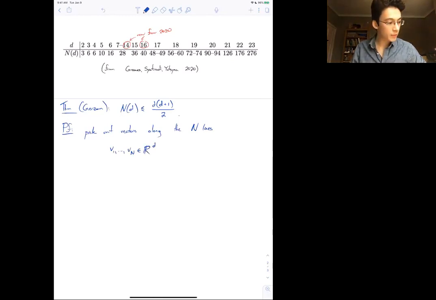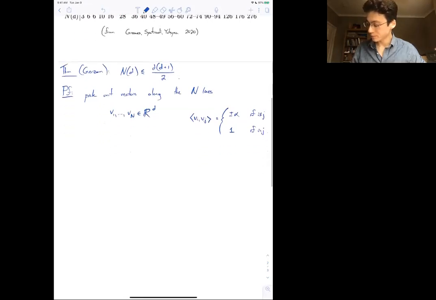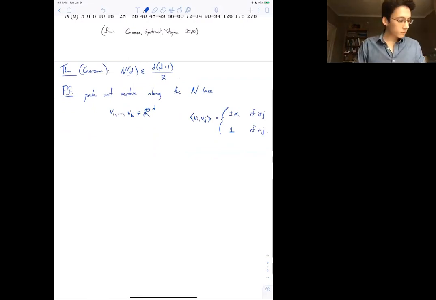And they have the property that all the distinct dot products are plus or minus alpha, and of course, they're unit vectors, so the dot product is 1 if they're equal. So here I'm just setting the common angle to have cosine alpha.